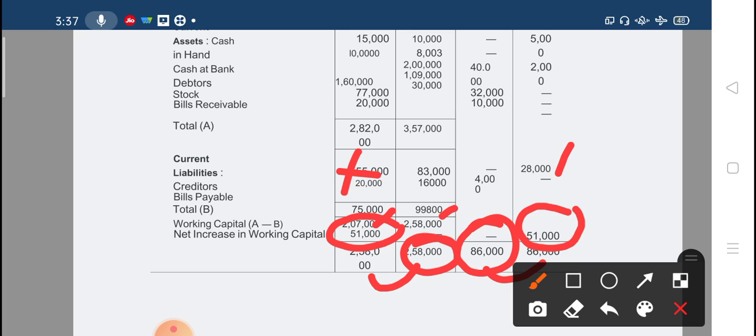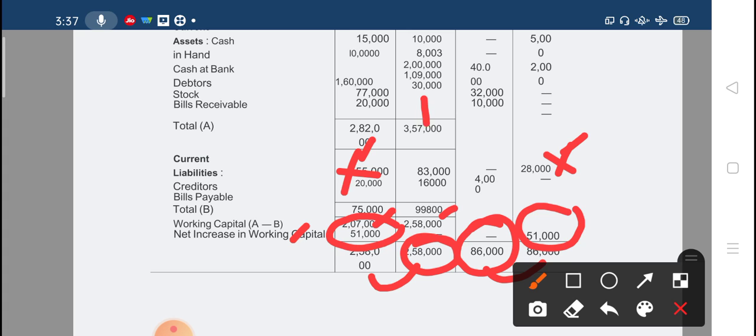So the balance is in this column, so it is treated as increase in working capital. If the balance comes here and here, it should be treated as increase in working capital.